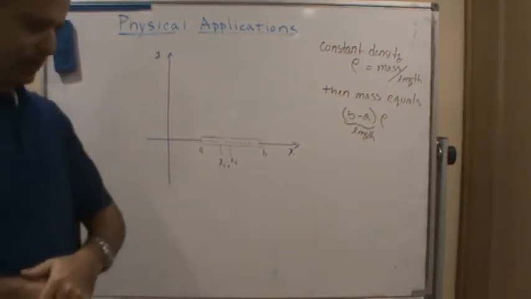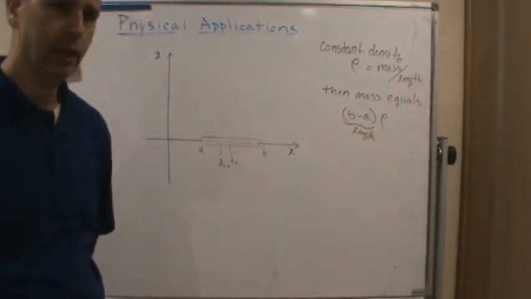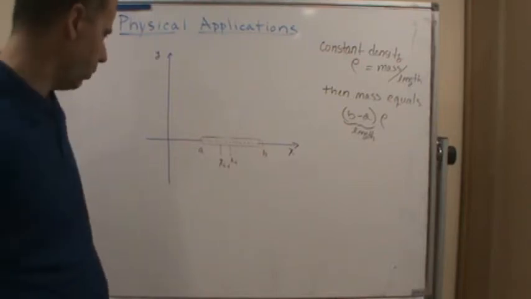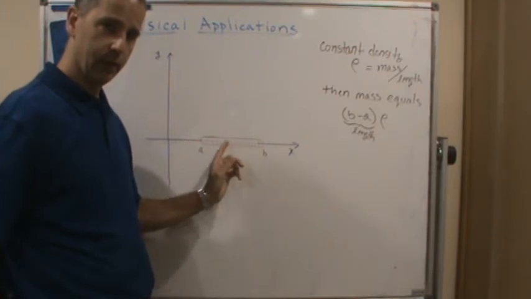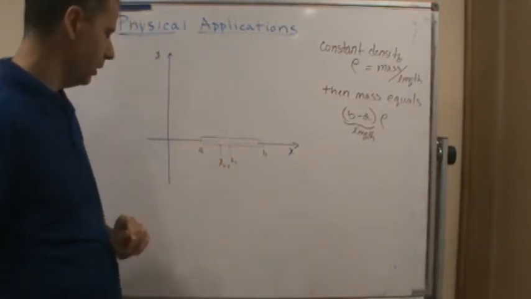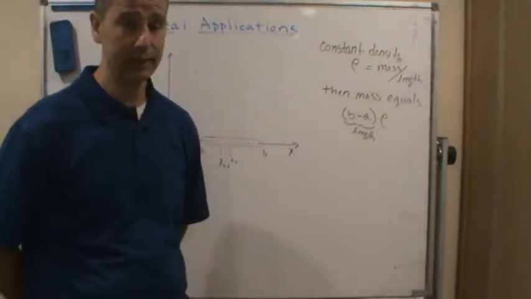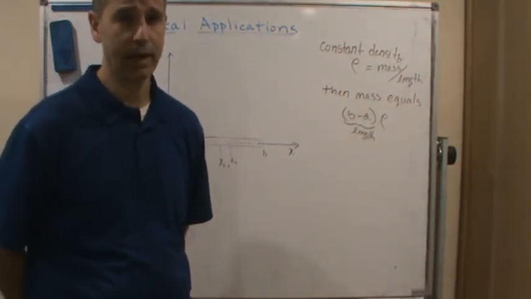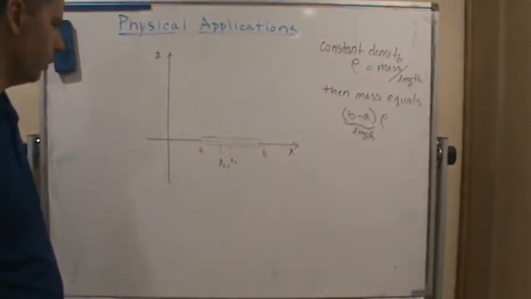But we don't always have uniform density. What if the density is not uniform? What if the density changes as you move through the pipe or the rod? That's more complicated, but that's also more realistic. We can't always assume that we have a constant density in our materials. So what do we do then?